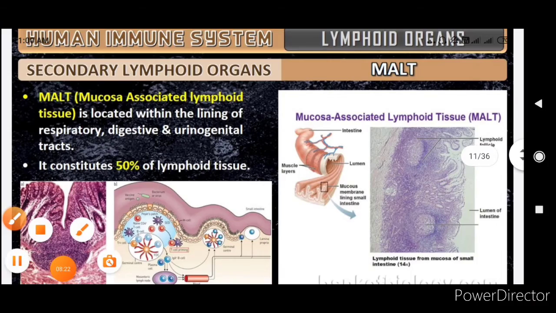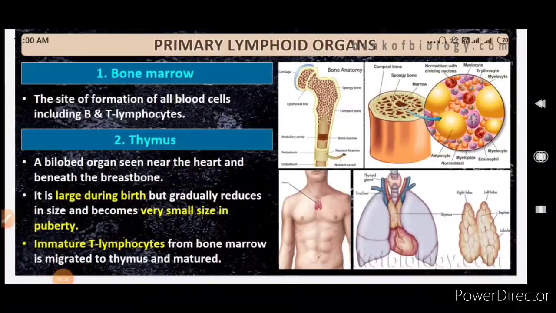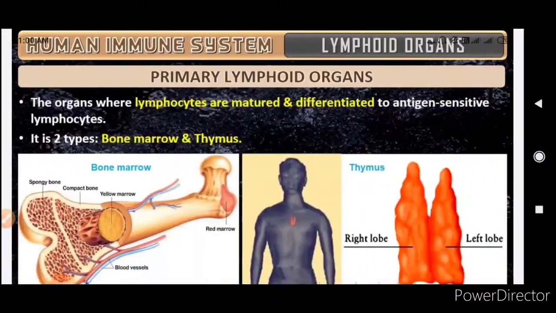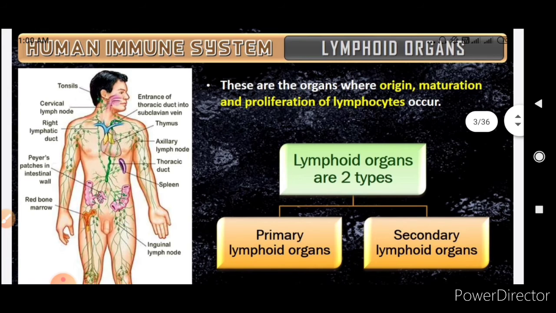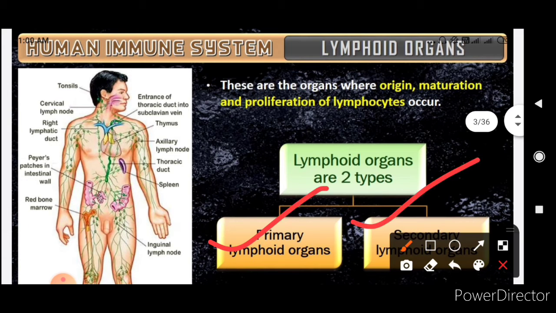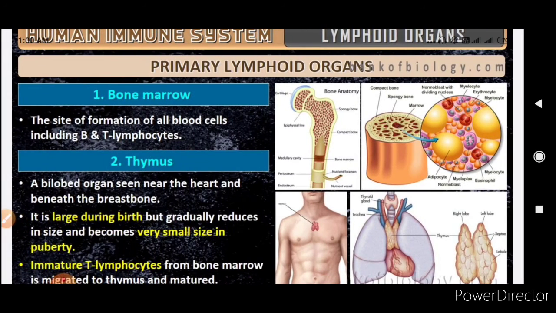So what all we studied here in the lymphoid organs, this is a very important topic. We studied two types of lymphoid organs, the primary lymphoid organ and the secondary lymphoid organ. The organs where the lymphocytes mature and differentiate are the primary organs, and where the action begins, that is the recognition of the antigen and fighting with the antigen, are the secondary lymphoid organs.